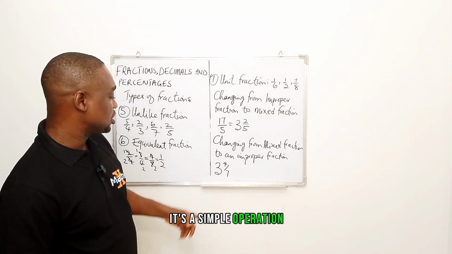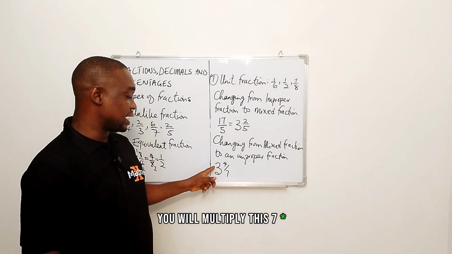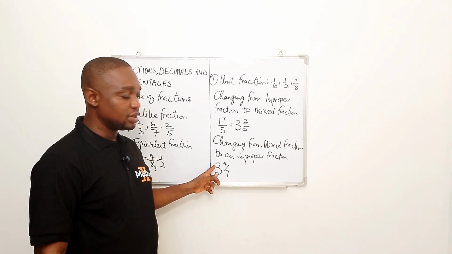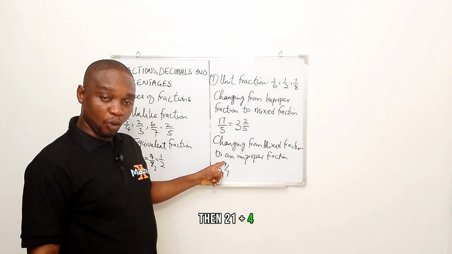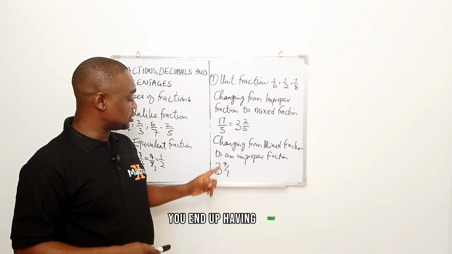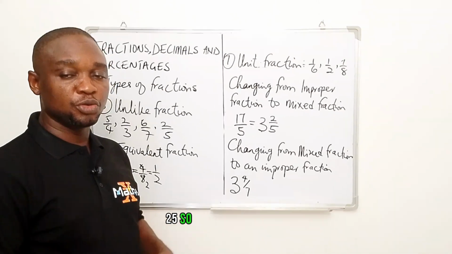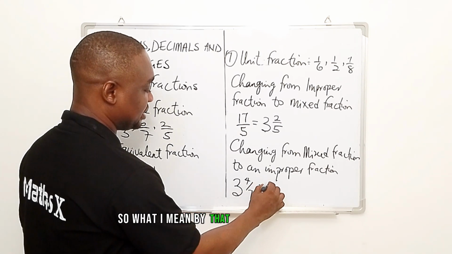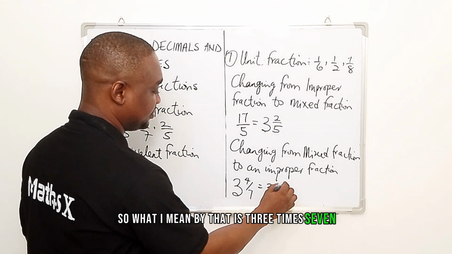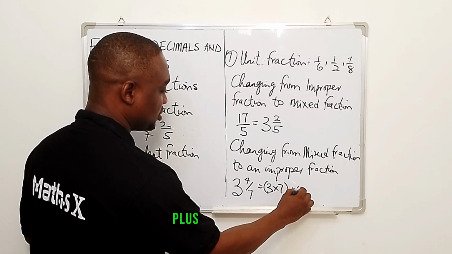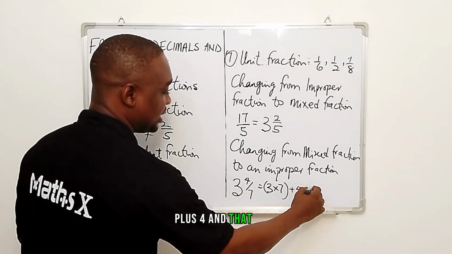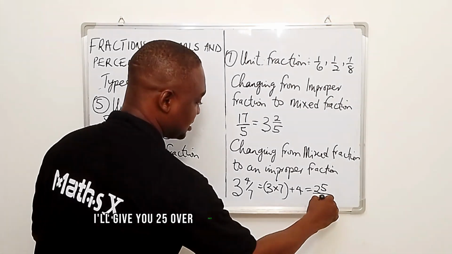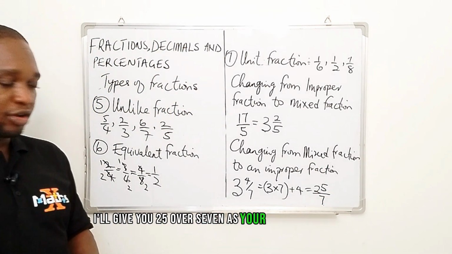It's a simple operation. You will multiply 7 times 3. 7 times 3 is what? 21. Then 21 plus 4, you will end up having what? 25. So you have 25 over 7. What I mean by that is 3 times 7 plus 4, and that ends up giving you 25 over 7 as your improper fraction.